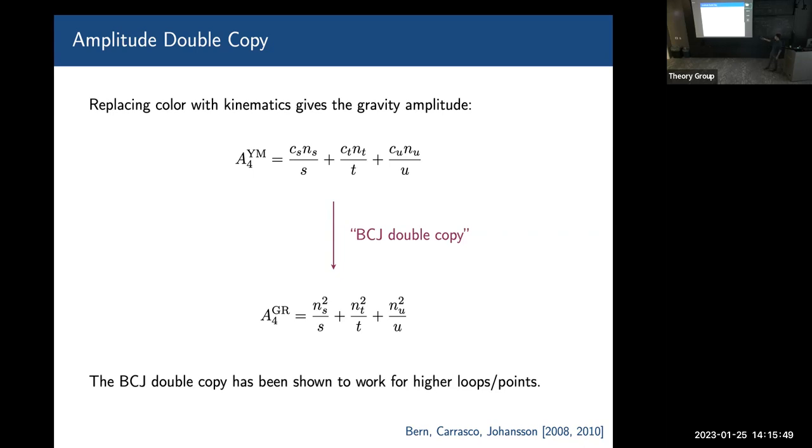The resulting object turns out to be the right amplitude for the graviton 4-point amplitude. This is completely non-trivial because individual terms here are not gauge invariant; only the particular combination of all the terms gives the gauge invariant object. The way things work is still mysterious, but it turns out that this double copy procedure also works at arbitrary points at tree level and has also been generalized to multiple loops.